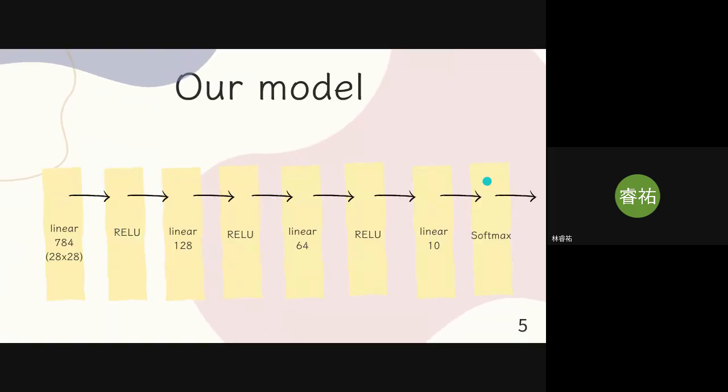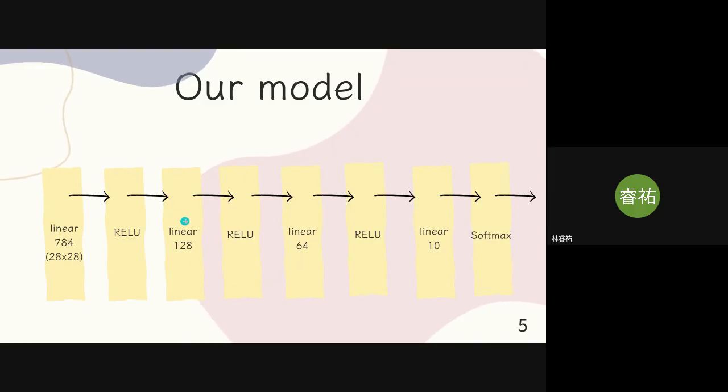Our model consists of three layers, and the input layer has 784 inputs. This is because of 28 times 28, and it goes to a ReLU activation function and a linear layer.